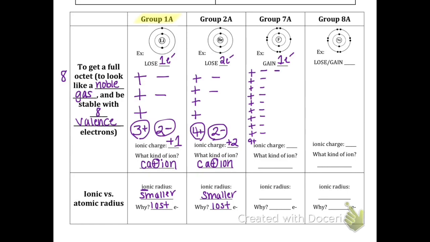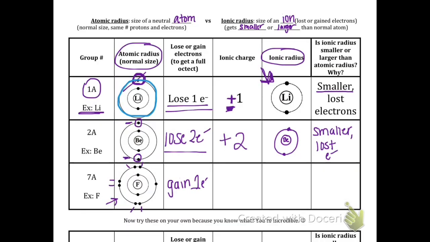So I have an extra negative symbol over here. Now I have 10 electrons. Now let's compare these numbers. 9 plus signs, 10 minus signs means my ionic charge is what? I have an extra negative. So my extra negative gives me a -1 charge. When it's negative, we call this an anion.